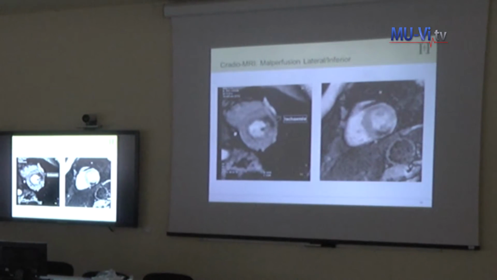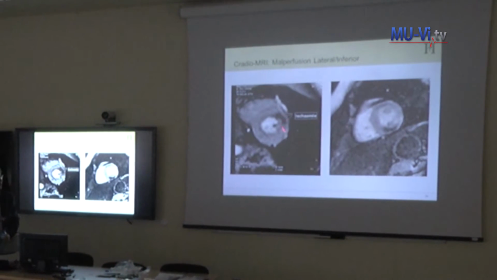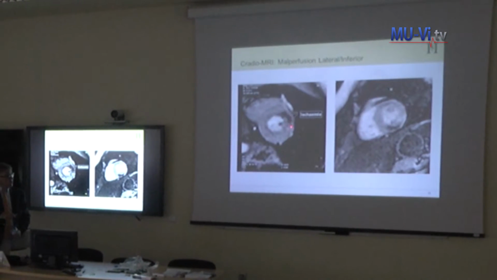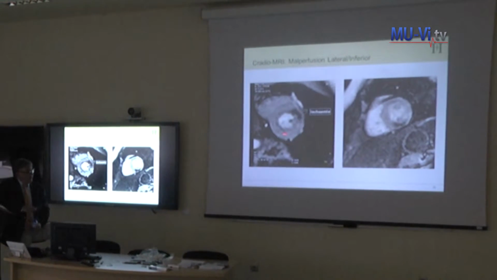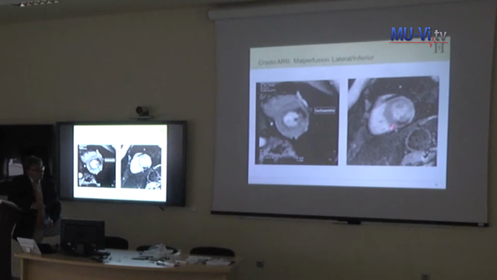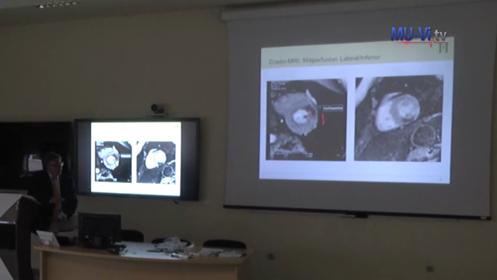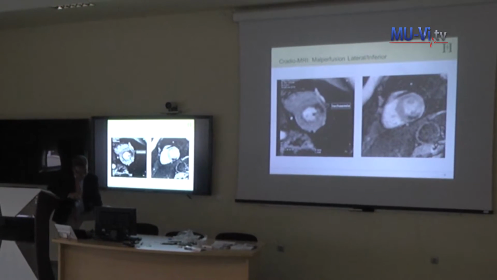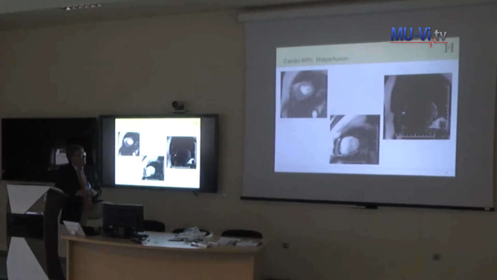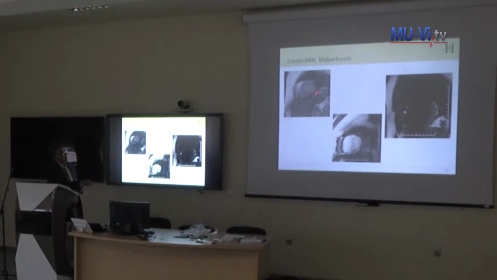And if a patient has a malperfusion of any region, we see these black spots in the left ventricular walls. This is the anterolateral wall. This is the inferior wall. And this is with movement. You see here inferior.